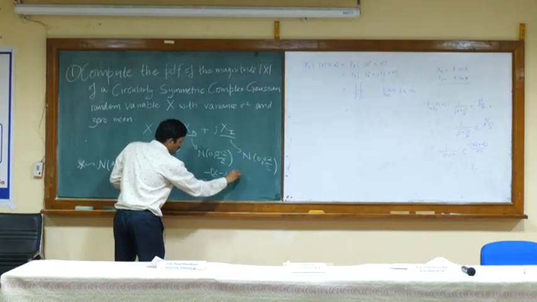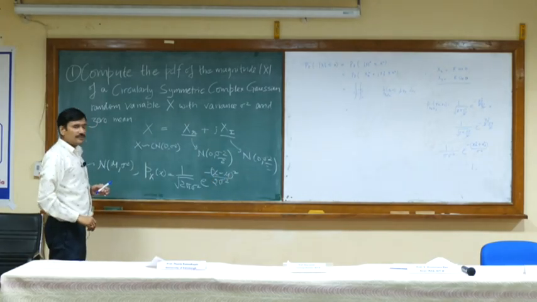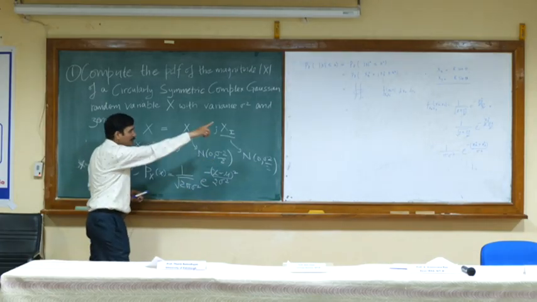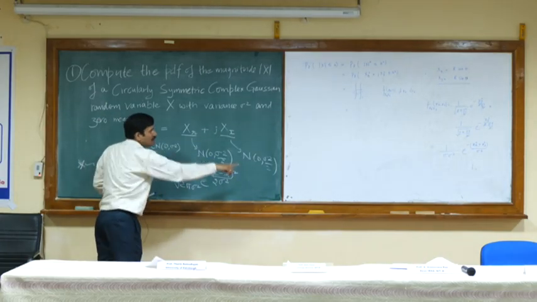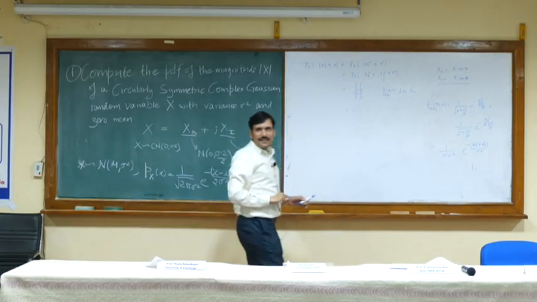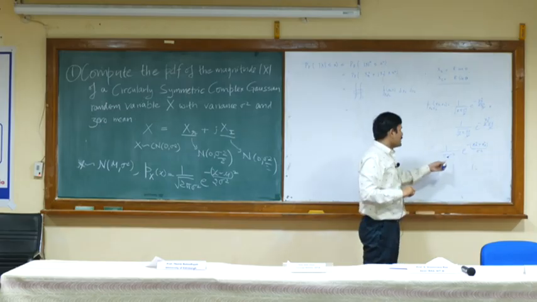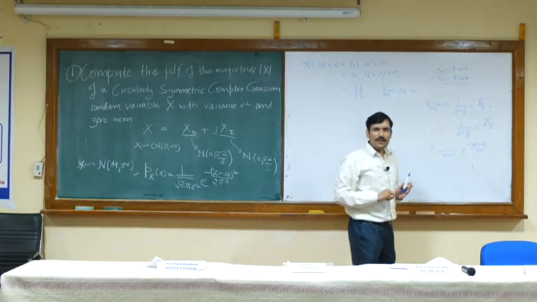Now I have sigma square divided by 2 here and also there, with mu equal to 0. I then simplified it to this. Okay.